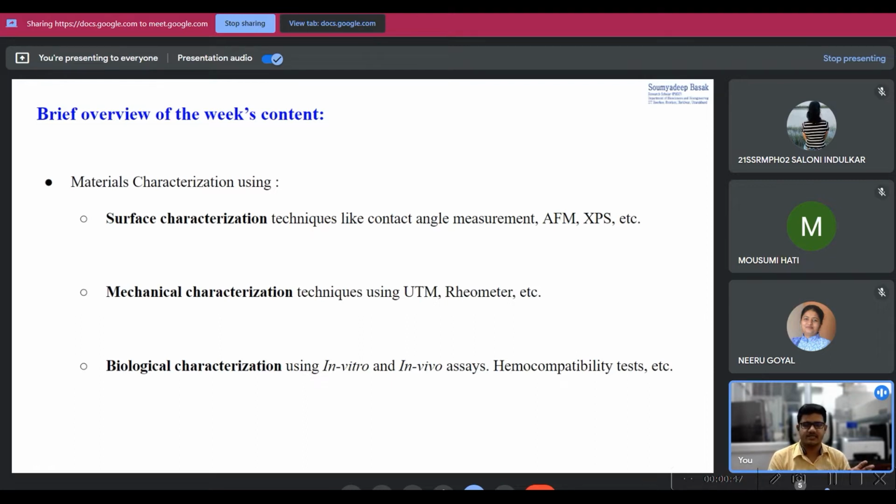The surface characterization we have learned about contact angle measurements, AFM, XPS, etc. In mechanical characterization we have studied UTM, the universal tensile machine, as well as goniometer, etc. And biological characterization we have studied in vitro, in vivo assays and hemocompatibility tests, cytotoxicity tests, batch assays, etc. So these are the things that we have learned this week.